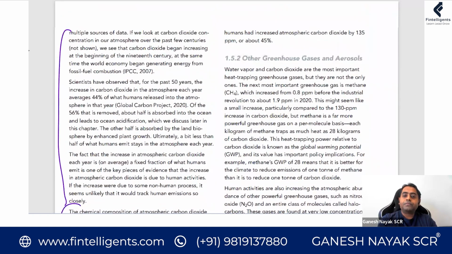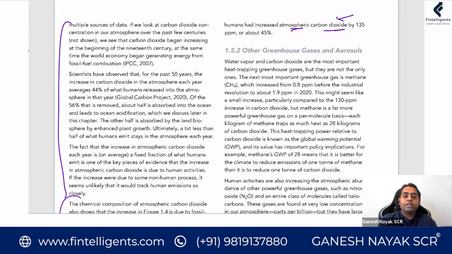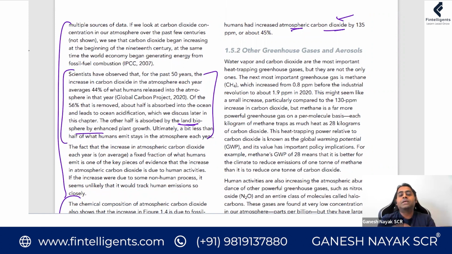Further, they've talked about how carbon dioxide is also increasing a lot. The land biosphere is absorbing a certain amount of carbon dioxide. All of this we have just covered. Out of the total carbon dioxide being emitted, how much is absorbed by the land biosphere, how much is absorbed by the ocean, and how much is remaining in the atmosphere. So that is covered over here.